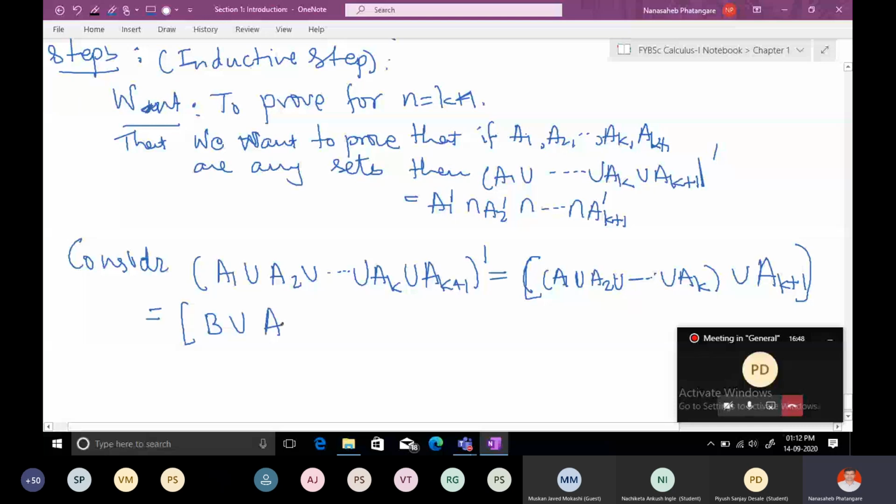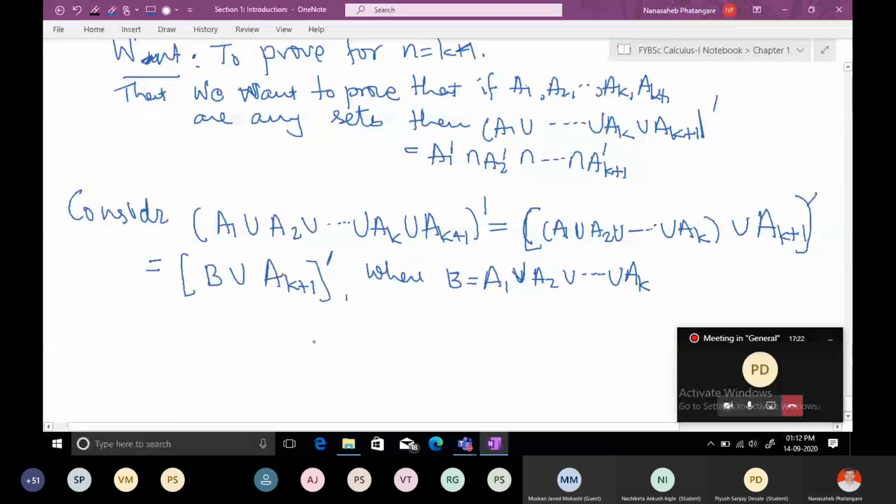So what is set B now? B is the set a1 union a2 union ak. The union of these k sets is itself some set, that set I am calling B, right? And therefore I can write this union as B union ak plus 1. B is the set which is the union of all these k sets. Ultimately, what I have in this step is the complement of a union of two sets.